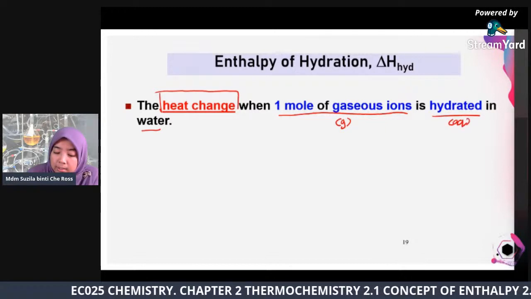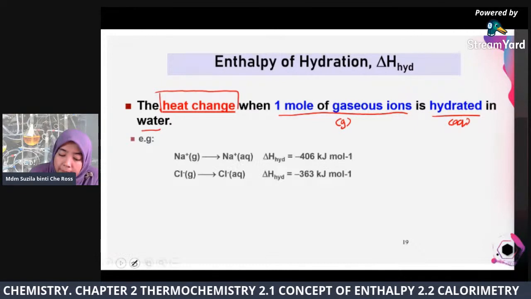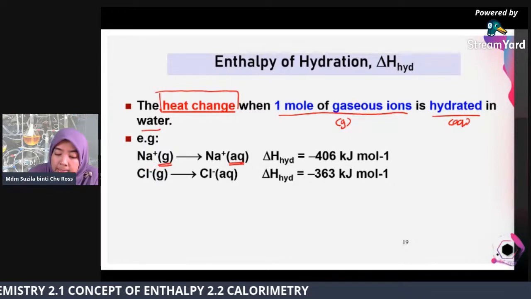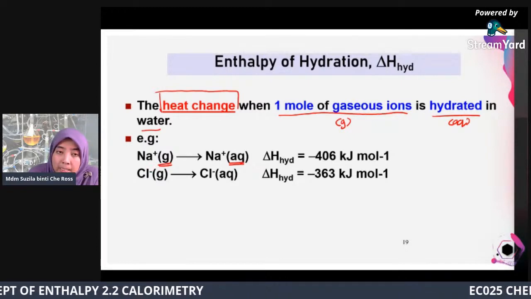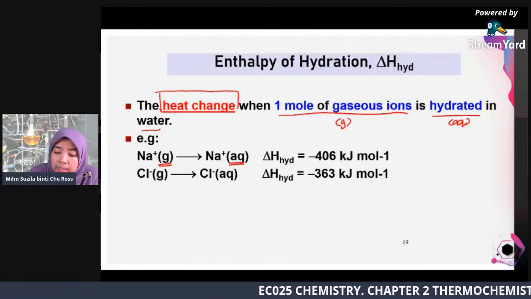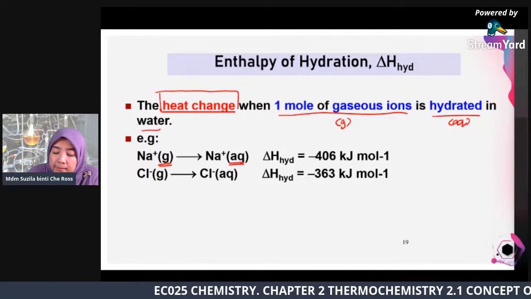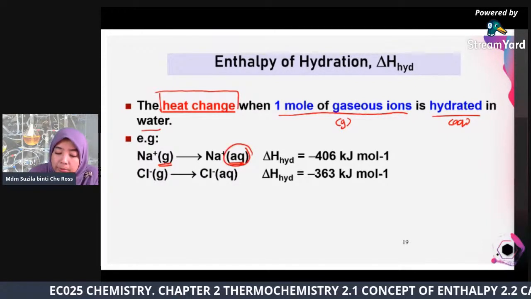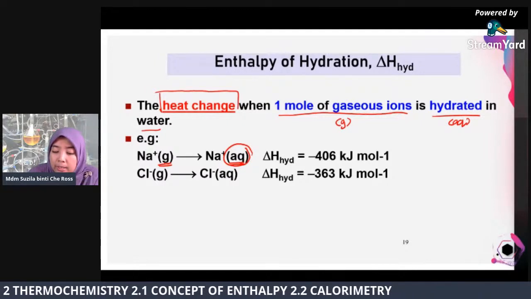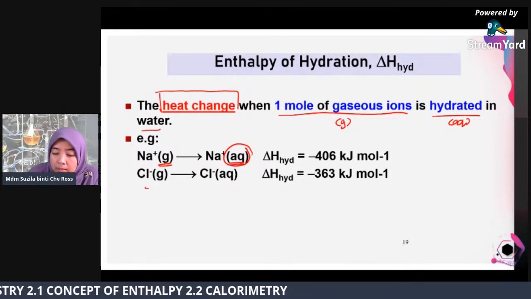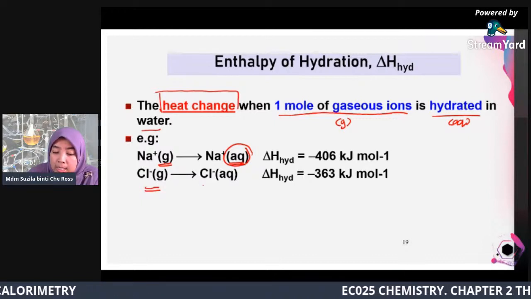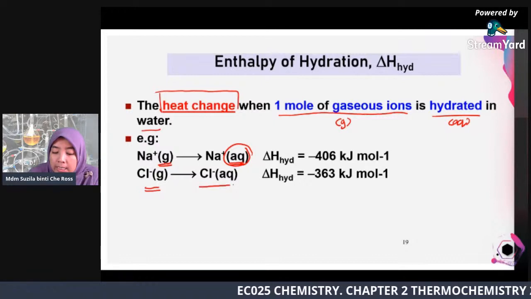Here, the changes only occur in the phase of the substance. Okay, the phase of the ion. Now here we can see sodium plus ion in gaseous state, when it undergoes hydration, it will become sodium plus aqueous. Okay, same goes to chloride ion. Chloride ion in gaseous state, when it undergoes hydration, will become chloride ion in aqueous state. Okay, so hydration just involves changes in phase.